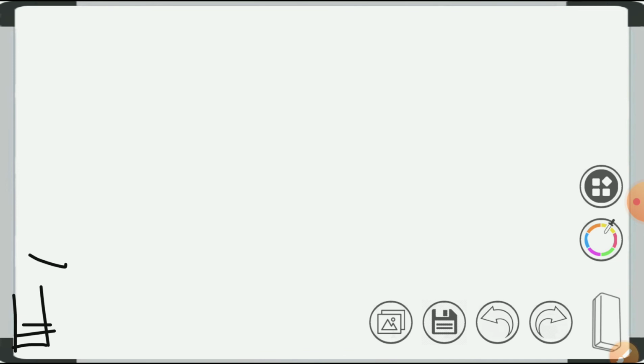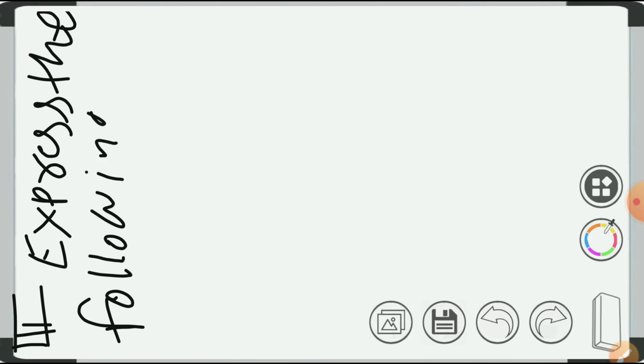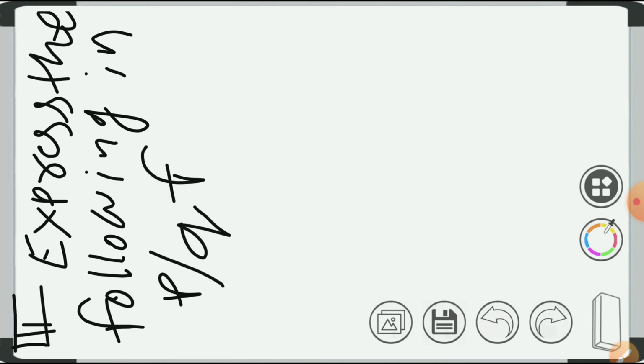Express the following in p by q form. Okay, it is given in decimal form. You write it in rational form.